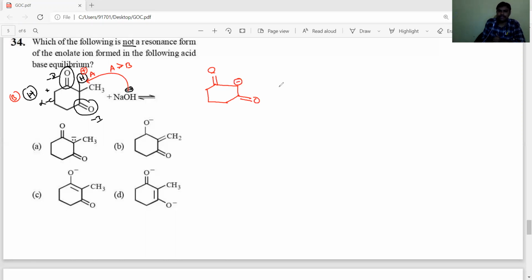This carbanion will be stabilized by enolate ions, and a more stable enolate ion will form, like a double bond forming and O minus. Otherwise, if it migrates to this side, then we get this structure also.